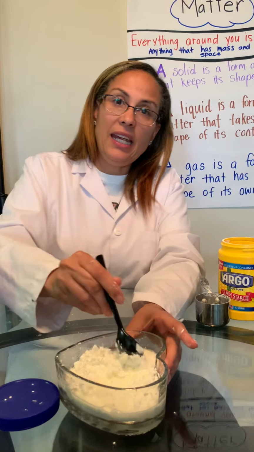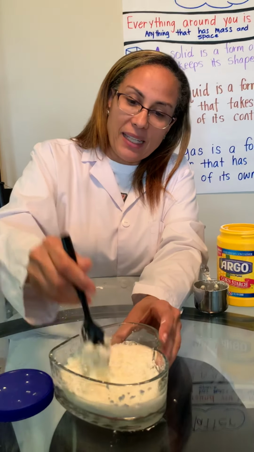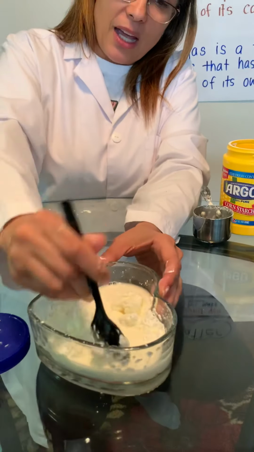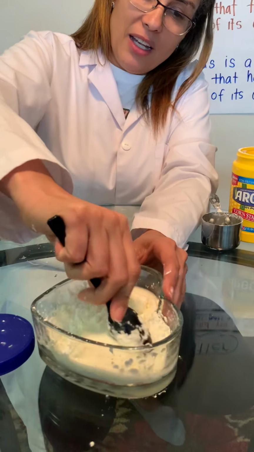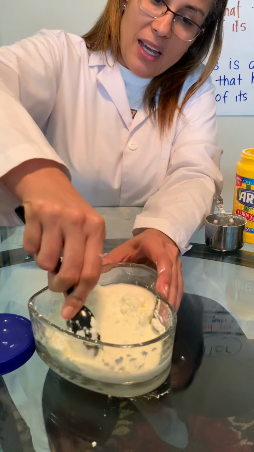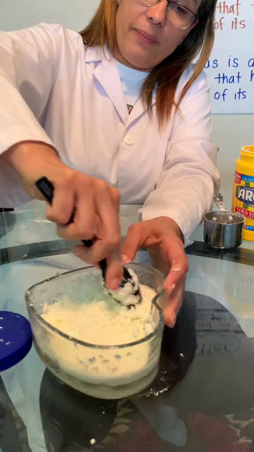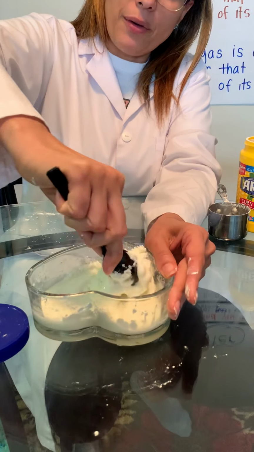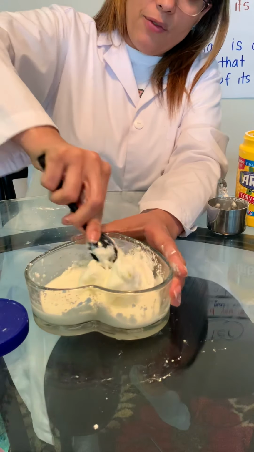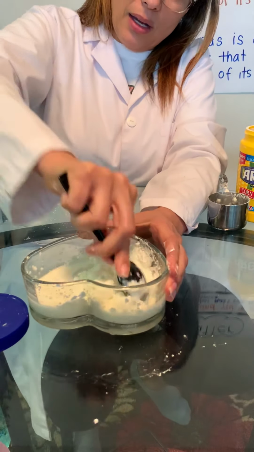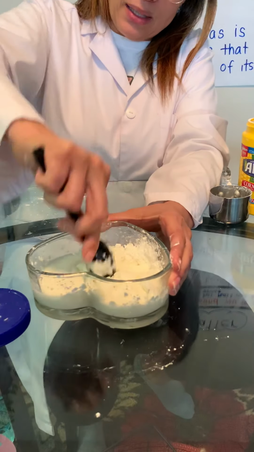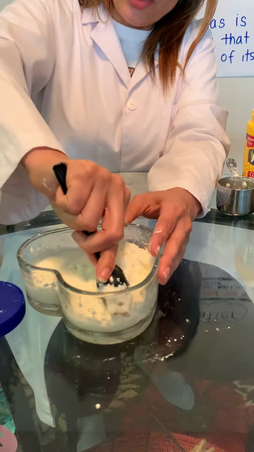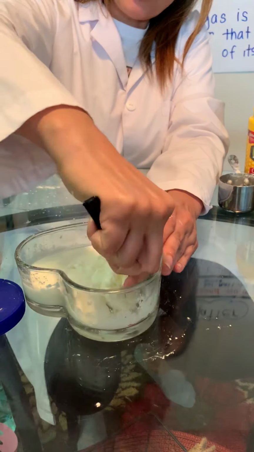So you can see here that I'm mixing it together, and it's kind of rough to mix together as well. So you've got to use your muscles, and you're going to mix it all together, and it looks watery. It looks really, really watery. So you're mixing it. And I want to make sure that I get all of the cornstarch.